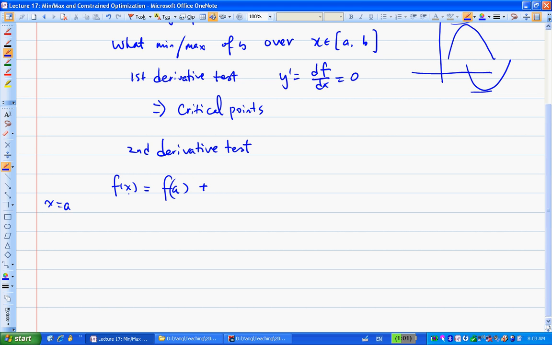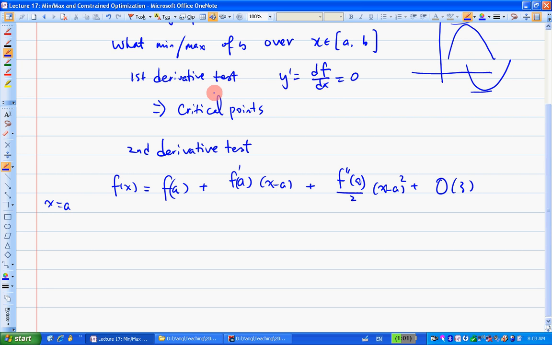The Taylor series of that function is f of a plus f prime of a times x minus a, plus f double prime of a over 2 times x minus a squared, and then plus all the high order terms, right?